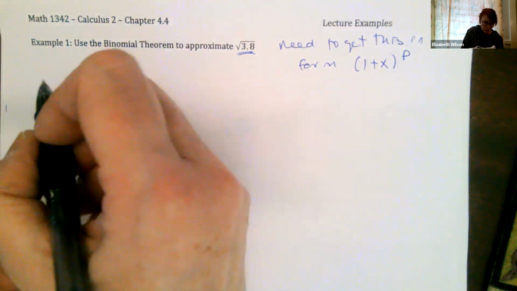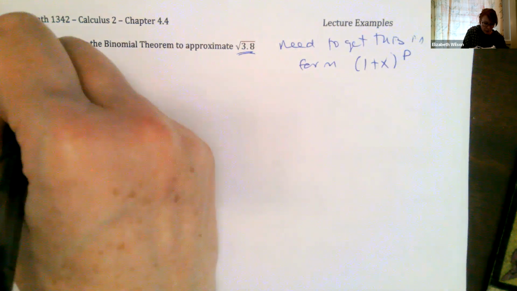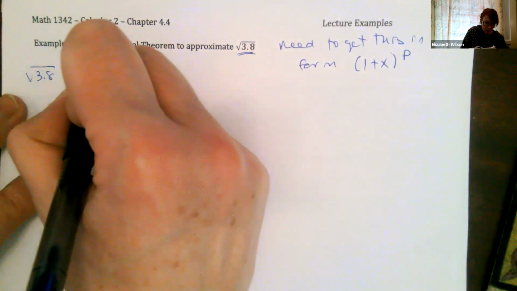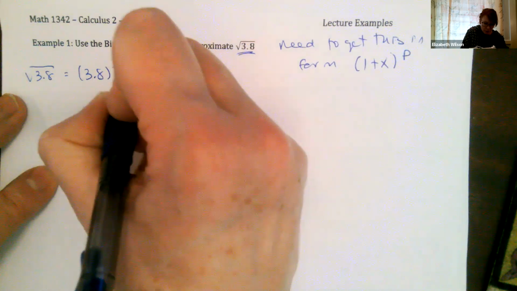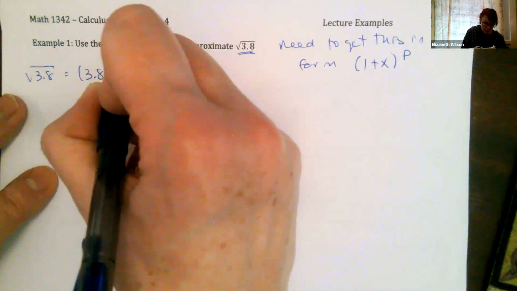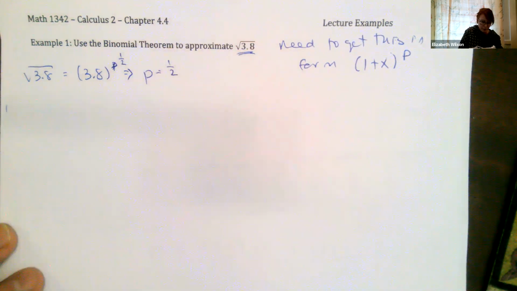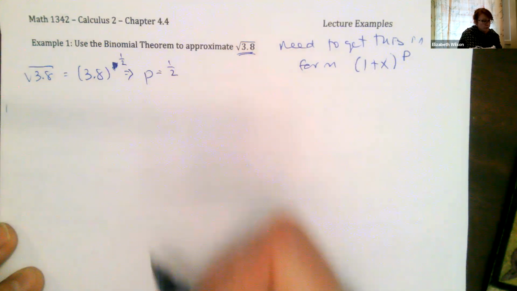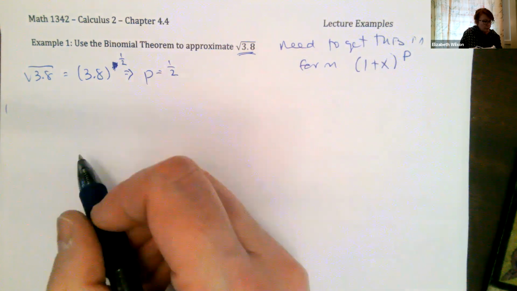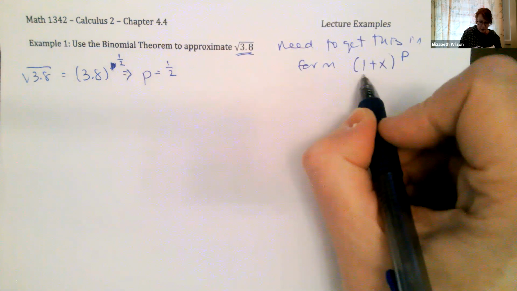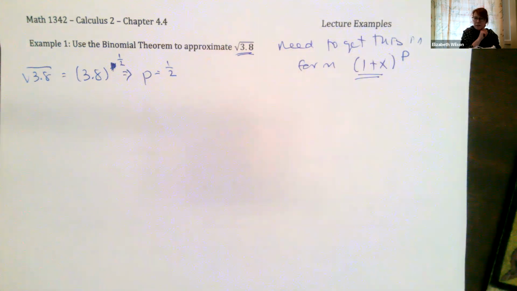So I'm thinking first off that radical 3.8 is equal to 3.8 to the 1/2, so then p equals 1/2. That's kind of how I'm thinking about it. Now, how do I get this into the form of 1 plus x? I can assign values to x, and I've already got my value of p assigned.